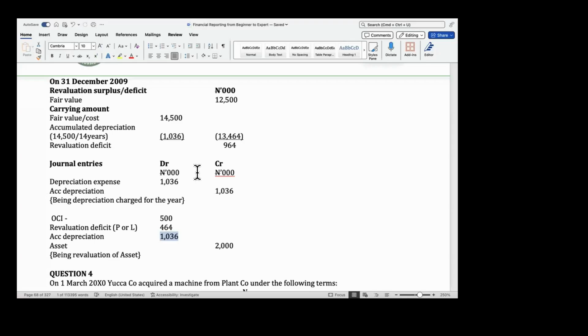Why having the two of them on the same side? Though I agree that what we did here is that plus accumulated depreciation, it cancels out the 2,000 in the asset account. But I'm just somehow confused how we have the 500 and 464 on the same side of the journal. One is a deficit and one is a surplus.